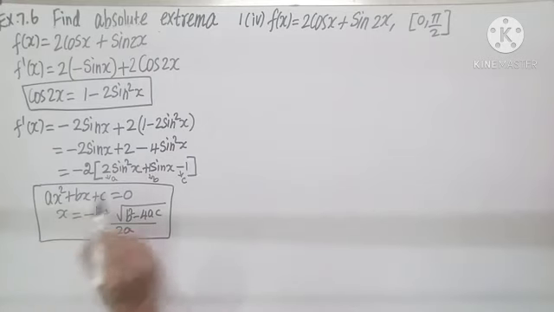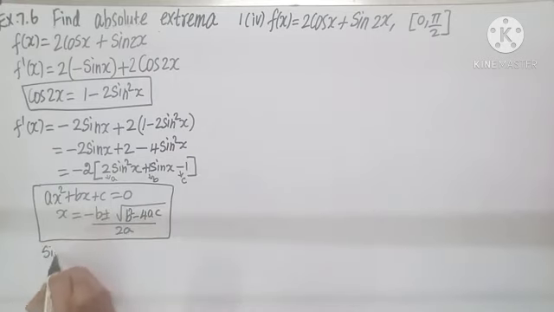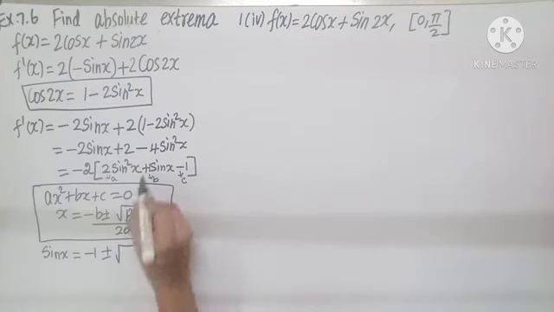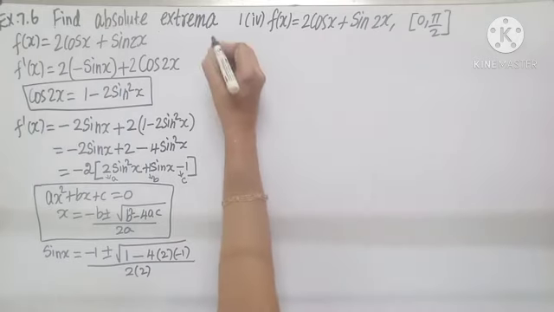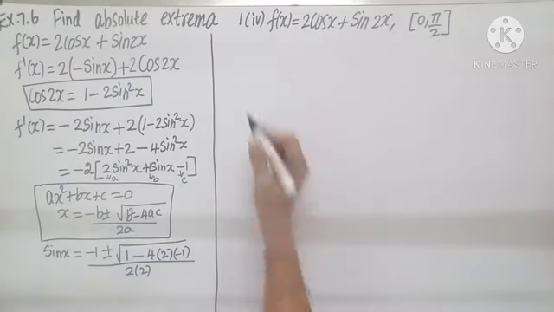Instead of x, we have sin x. So sin x equals minus b plus or minus root of b square minus 4 into a into c divided by 2a.